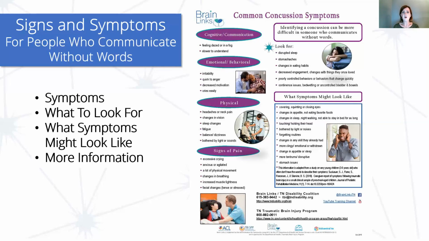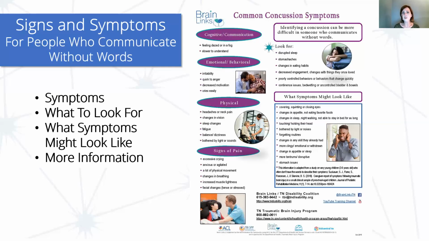So you want to think about what has changed since the injury. If you know there was a concussion, if you know there was a head injury that occurred and you suspect there could be a concussion, it's really smart to think about these as changes since the injury. If you don't know that the injury occurred and you're seeing these changes of something that's not typical for that person, that's what you want to look for, because some of these may start to make you think, well, this person's already having a little trouble with judgment, or maybe kind of an emotional person, or has some behavioral issues already.